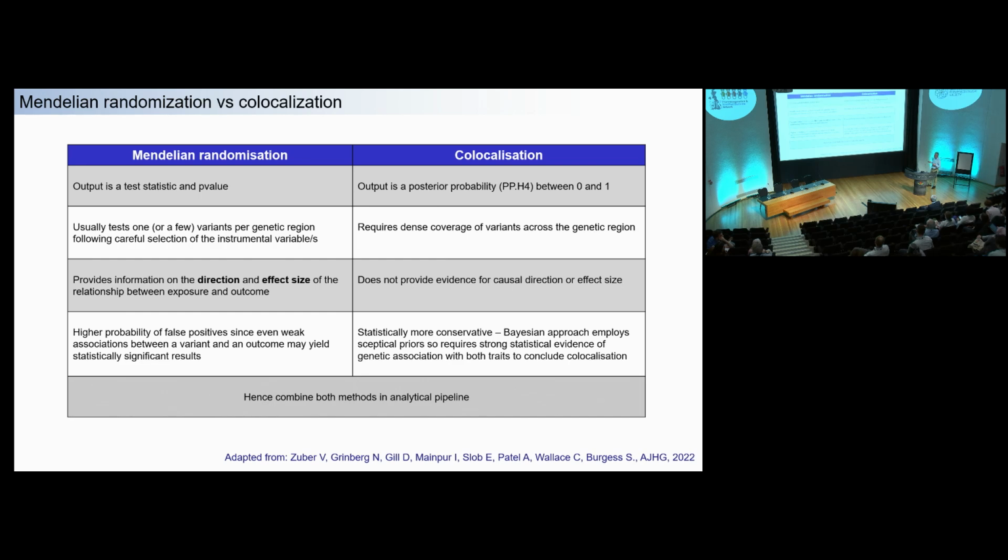And as we heard from Verina, there's a higher probability of false positives with MR, since even weak associations between a variant and an outcome can yield a positive MR association. Whereas with co-localization, the statistics are more conservative because of the use of skeptical priors, and in fact requires strong evidence of co-localization to conclude that there is co-localization.